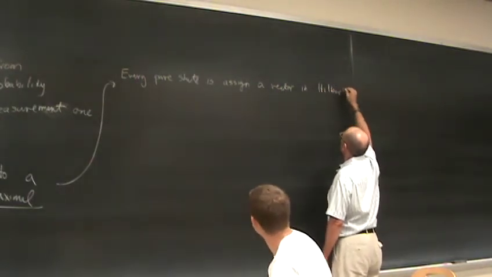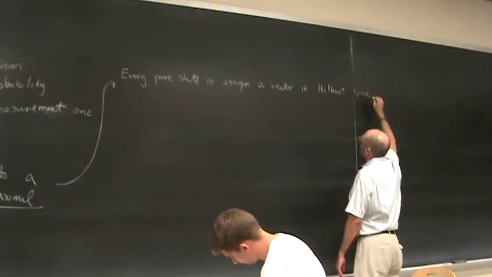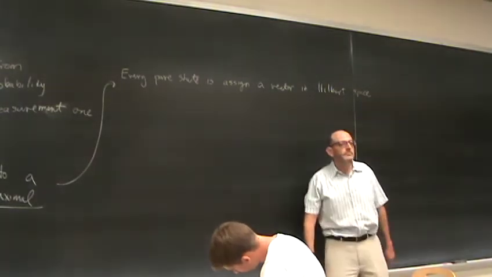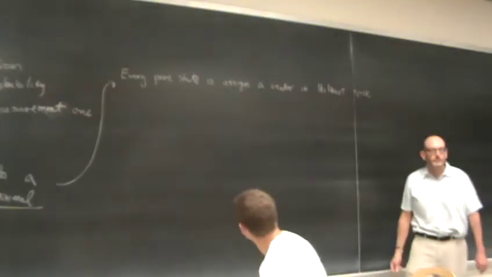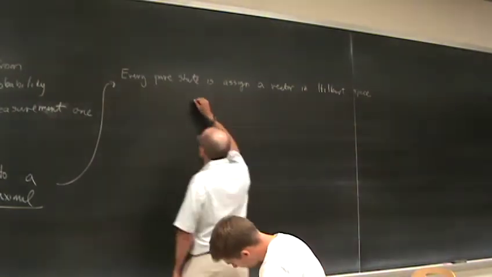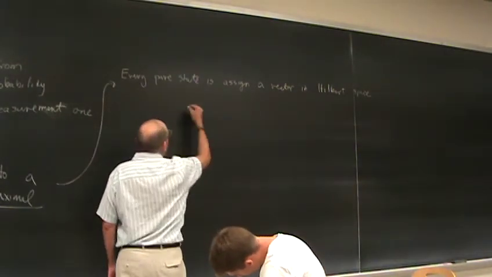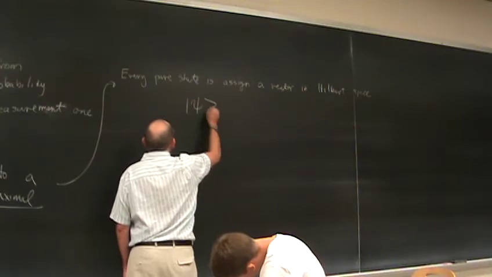We haven't yet talked about the dimension of that Hilbert space, but let's just assume it has some dimension. So this pure state, we assign a vector and we typically call it psi.